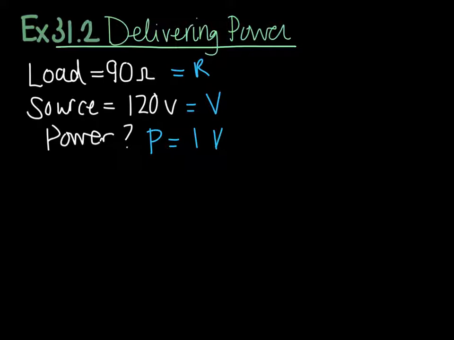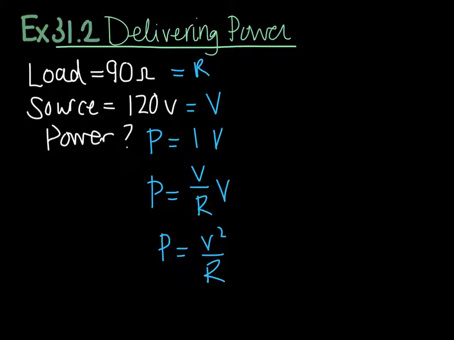However, using Ohm's law, I is equal to V over R, so P is equal to V over R times V. So we end up deriving a formula for power, which you've seen before, as V squared over R.